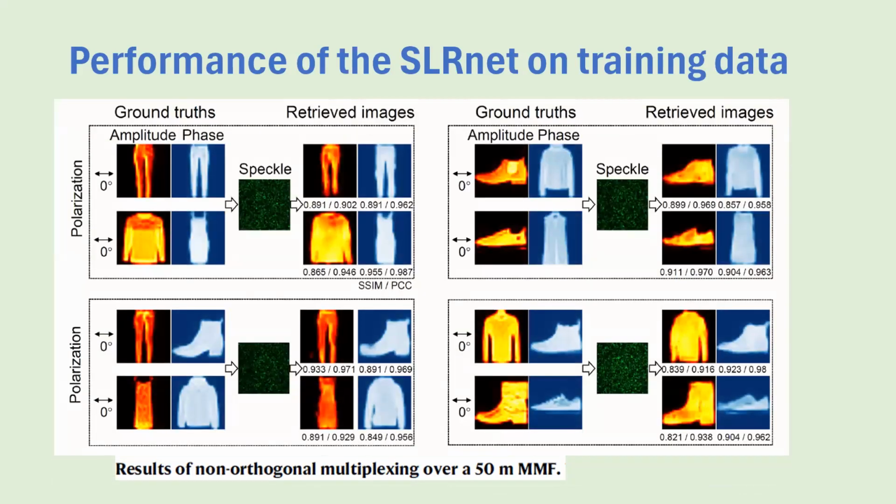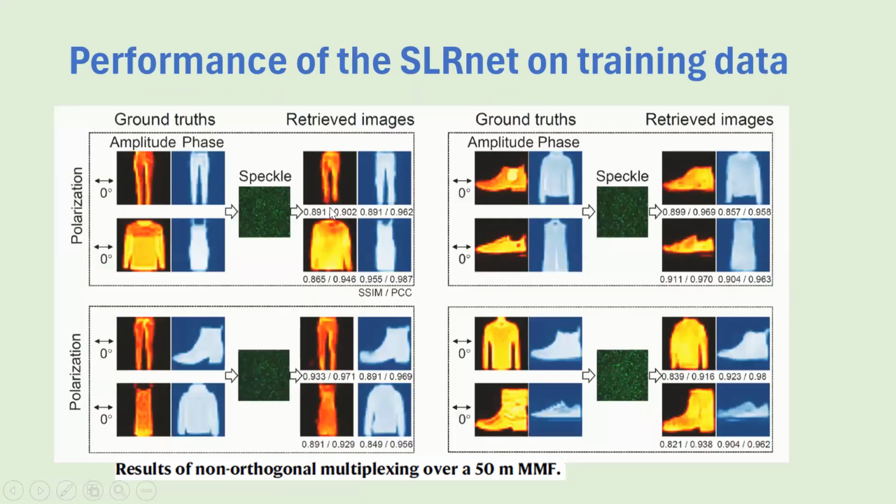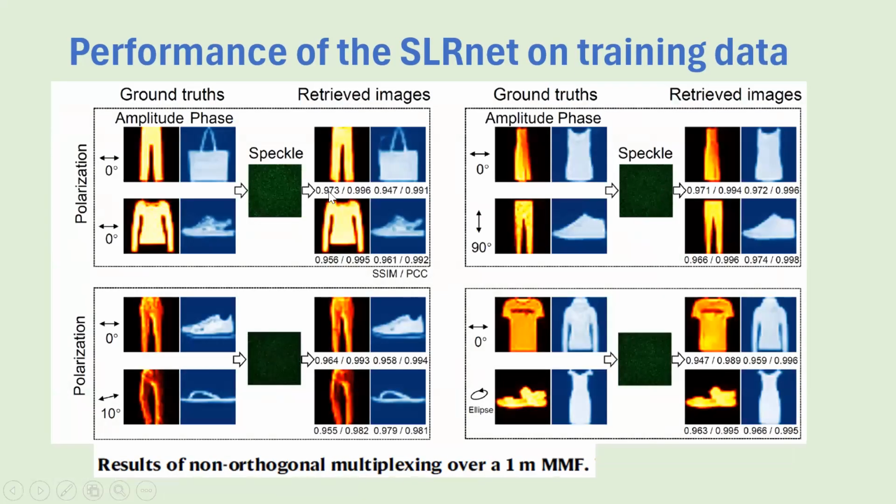Now here we see the performance of our neural network. We respect the training data, but now we have increased the length of the cable. Now the cable here is 50 meters. Here you see that the performance is somewhat deteriorating. Previously, for the first polarization, or the first image here, it was 0.973.